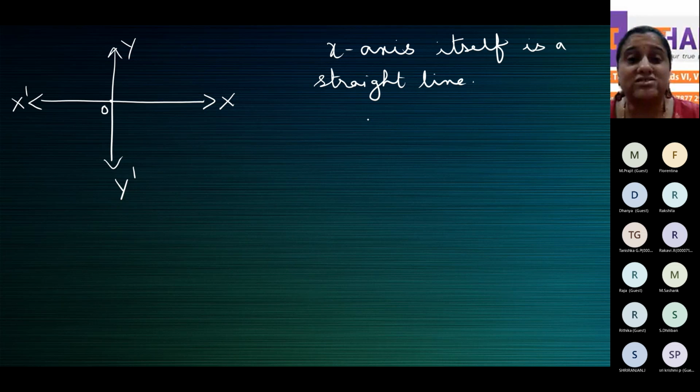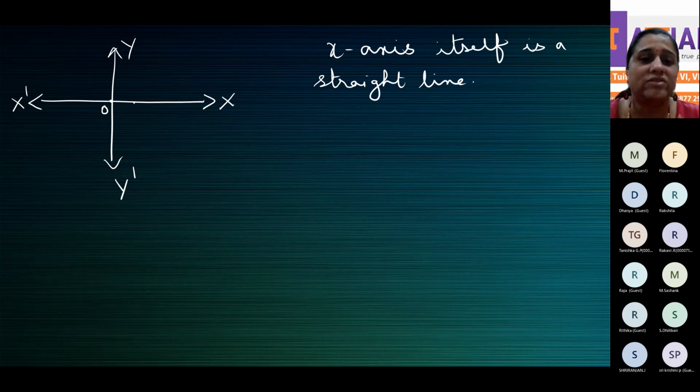And we know that every straight line is given by a linear equation in two variables, x and y. So the x-axis, which itself is a straight line, is also given by a linear equation in two variables, x and y. So what is the equation of the x-axis?